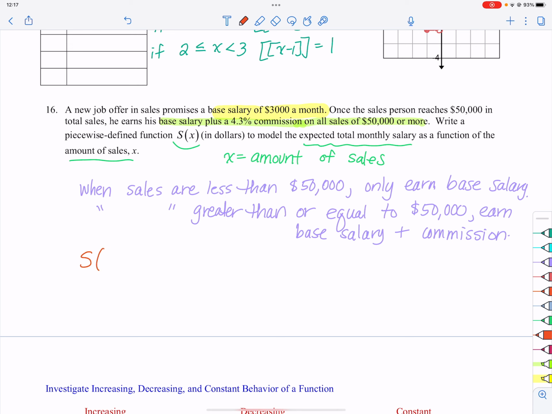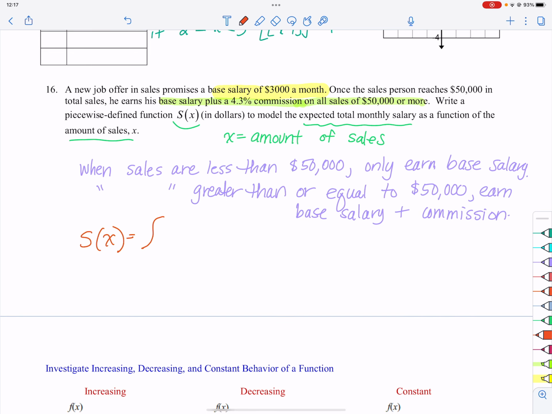We have S of x is equal to, and let's write that first value down. We're just going to have that base salary of $3,000 if the amount of sales is less than $50,000. But they will earn $3,000 plus 0.043 times those sales minus $50,000.